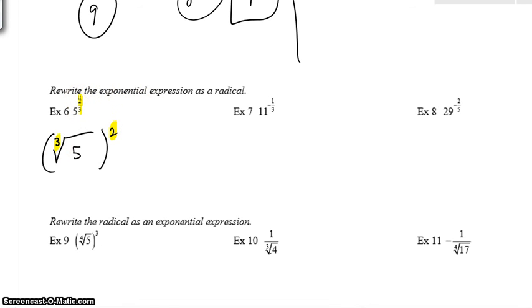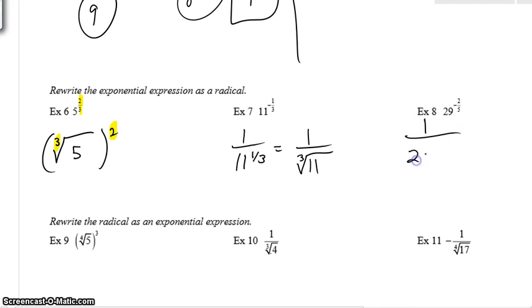Same thing here. 2's up high, 3's down low. Hey, look at this. 11 to the negative 1/3. Flip first. Just like we've been doing. Negative powers, guys, just take that reciprocal real quickly. And a third power, when you've got that 1/3 power, that's really the third root.